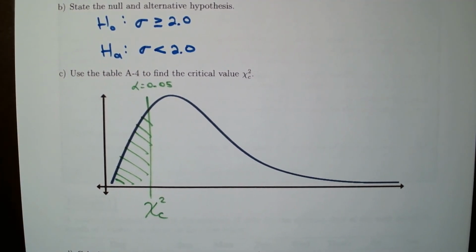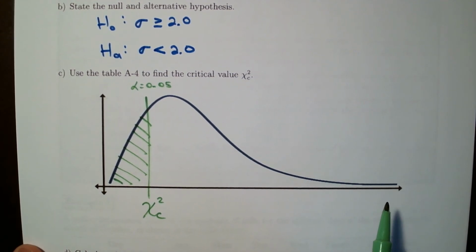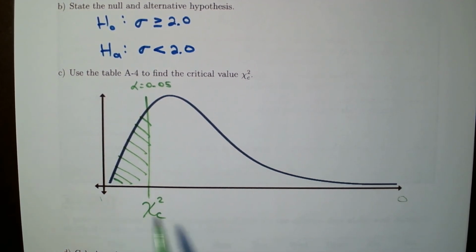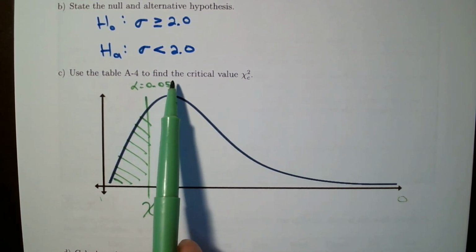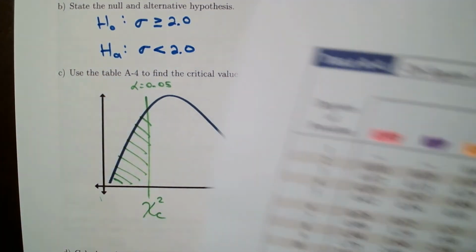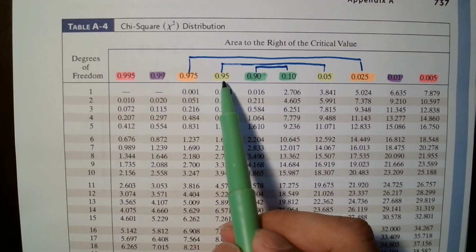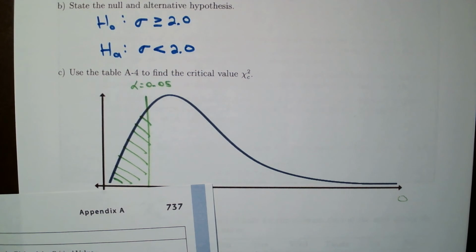Well, this little chunk from the origin from 0 to 0.05, and again, this is like the tricky part, because we read areas from right to left. So if this is 0, this is 1, this huge chunk would be the complement of this little alpha. The complement of 0.05 is 0.95. So 0.95 with how many degrees of freedom?